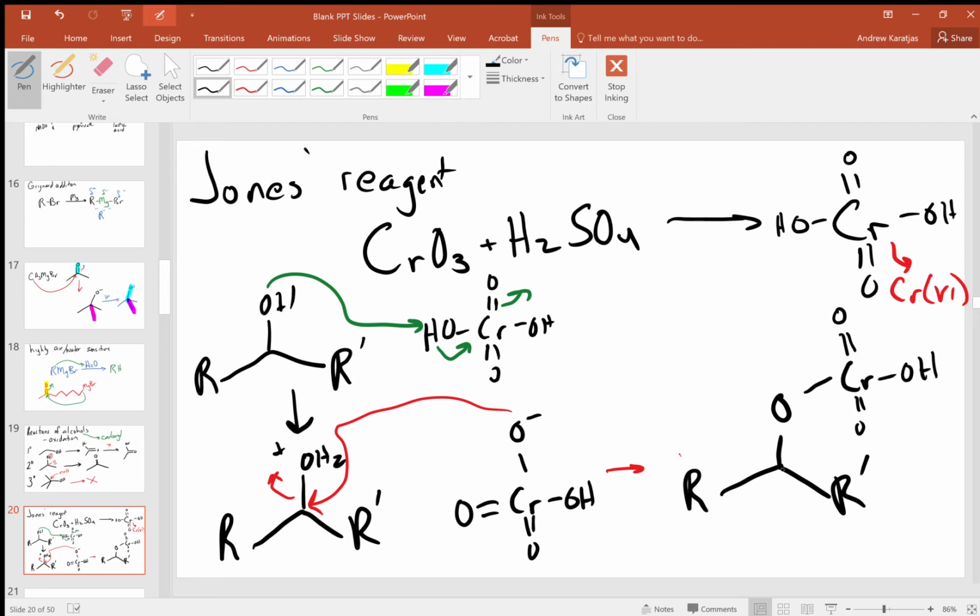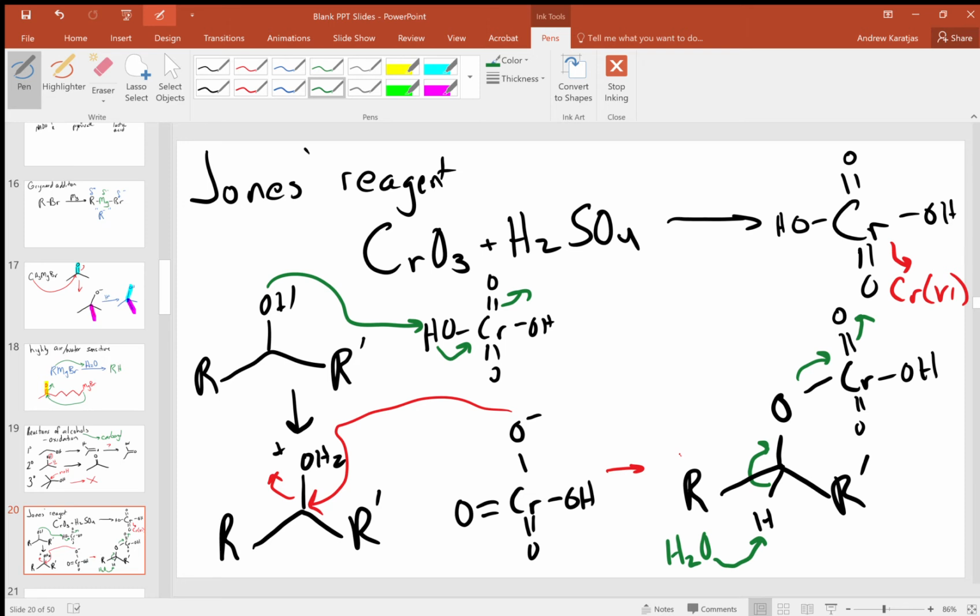And so from here, if we have something basic, and we don't need something strongly basic, water is good enough. A lone pair on oxygen can grab this proton, these electrons shift up, and we kick out the chromium group. So we've done, at least in this step, what looks very much like an elimination reaction.